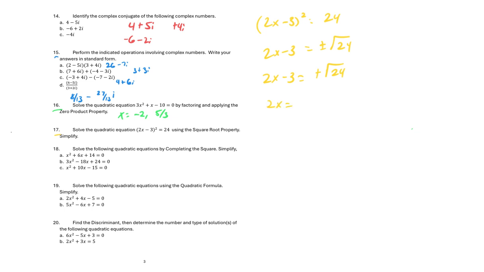2x is equal to root 24 plus 3. X is equal to root 24 plus 3 over 2. The only other thing that we could do is simplify that square root, which we can pull a 4 out of. So that would be the positive case.